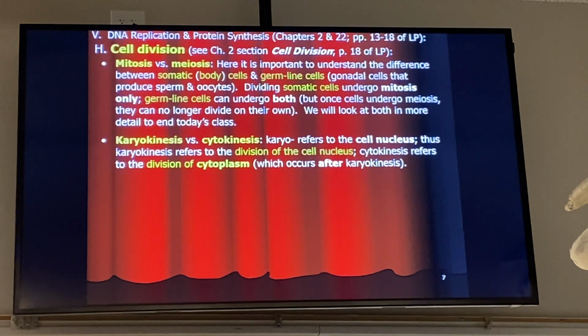If you remember IPMAT, the cell cycle, I'm going to cover here in a second. I'll go back over this if you need to. But karyokinesis actually starts happening in anaphase, finishes in telophase, and cytokinesis comes after telophase, or at the very end of telophase.